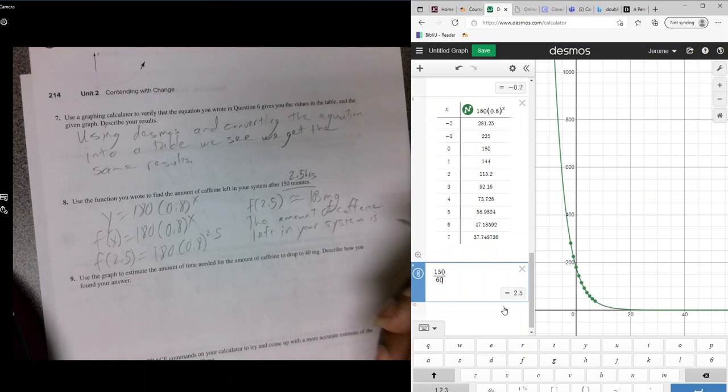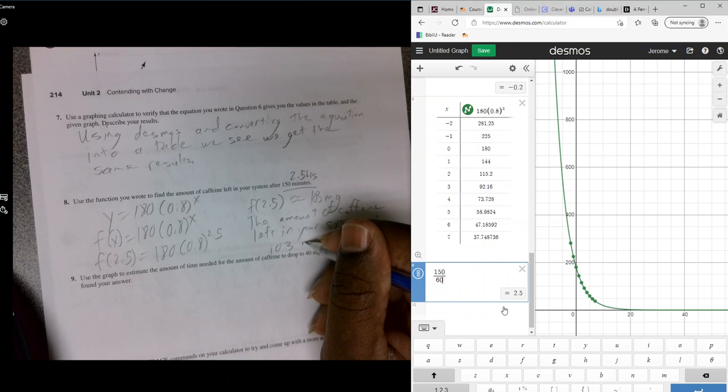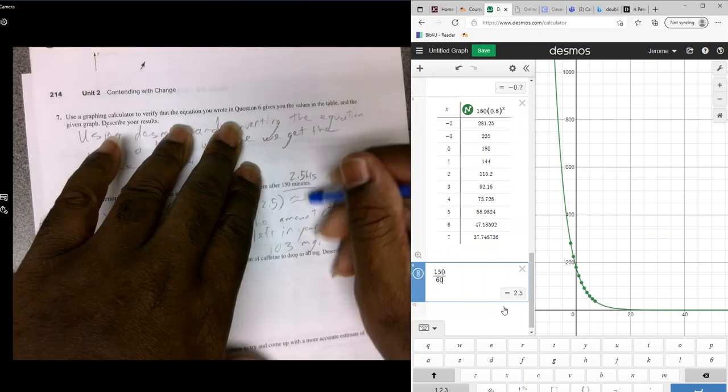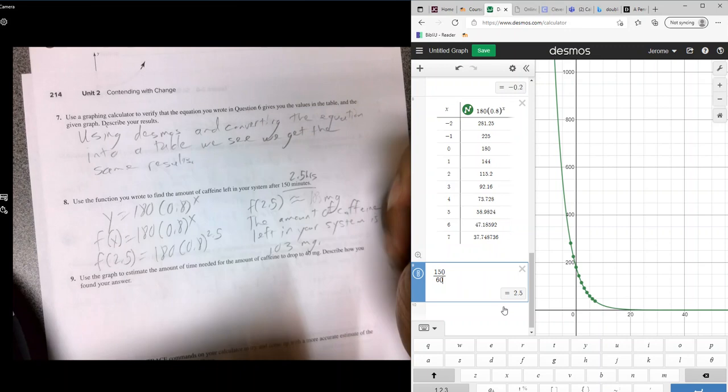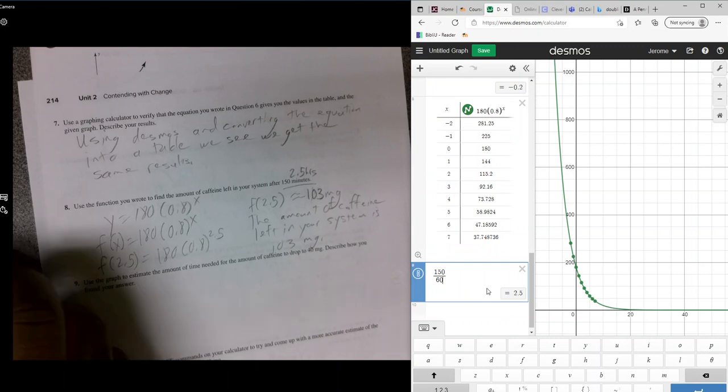All right, number 9. It says use the graph to estimate the amount of time needed for the amount of caffeine to drop to 40 milligrams. I have to scoop this table up a little bit.